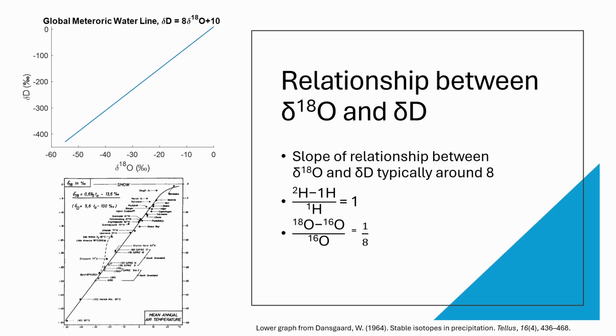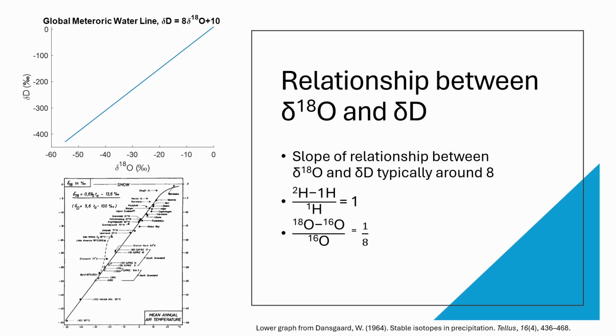Whereas with oxygen, oxygen 18 is much closer to oxygen 16 in relative mass. So this mass difference, oxygen 18 to oxygen 16, is just an eighth of the mass of oxygen 16, whereas hydrogen deuterium is twice as heavy as hydrogen. So the difference between it is that of a whole hydrogen isotope.